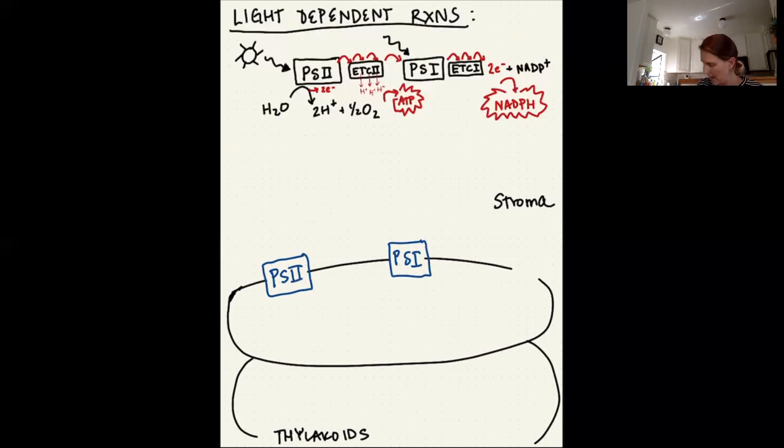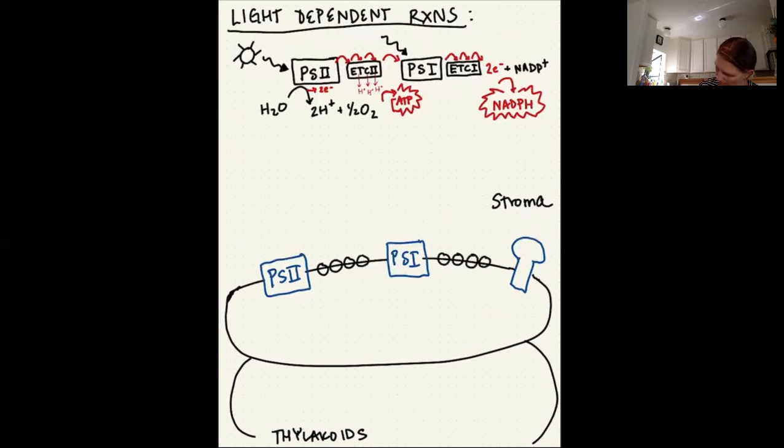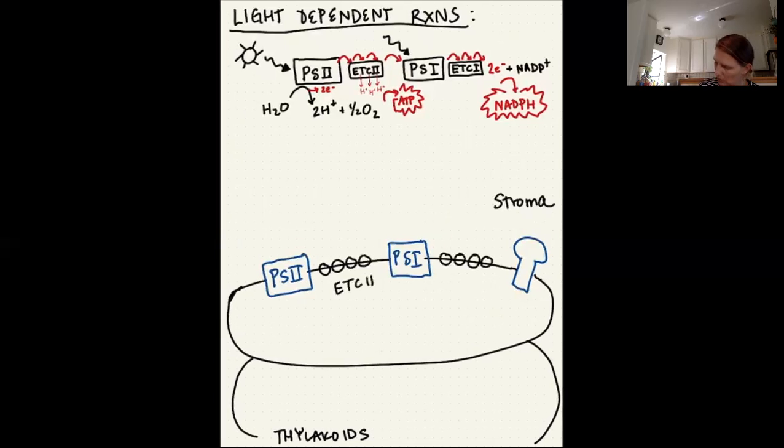The other thing that we know we have on the thylakoid membrane is this lollipop shape, ATP synthase. And we also know that we have some proteins along the thylakoid membrane, right? This is going to be ETC2, and this is going to be ETC1, electron transport chains.